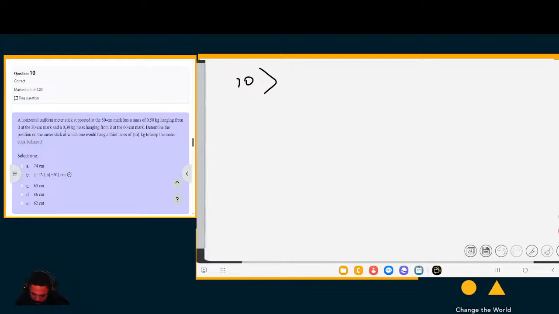Now, we know M1, mass 1, is a 0.5 kilogram mass, and it is at the 20 centimeter mark, so it is at the 0.2 meter mark.